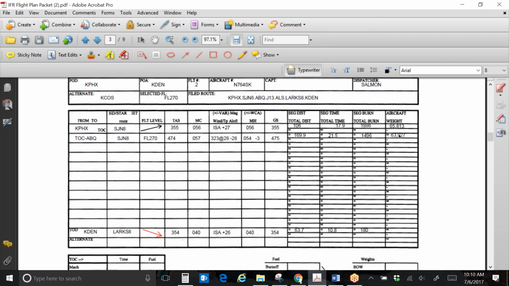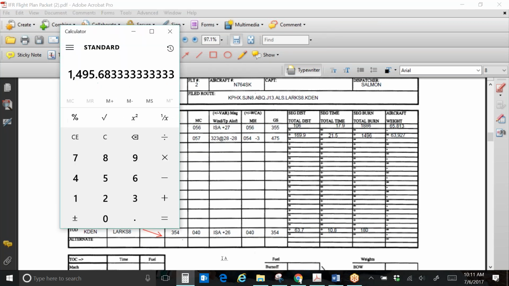Now take our 63,927 minus out our burn. 63,927 minus 1496.